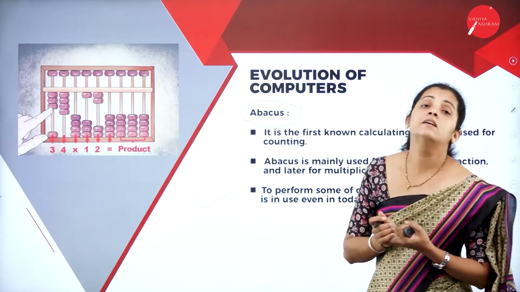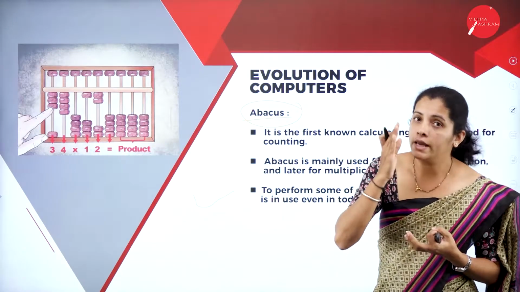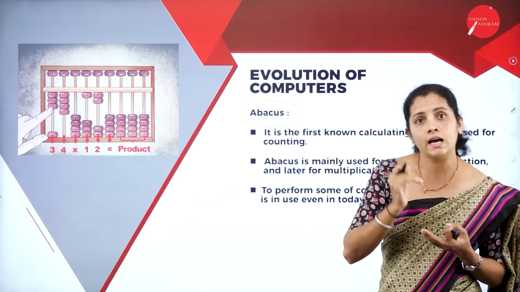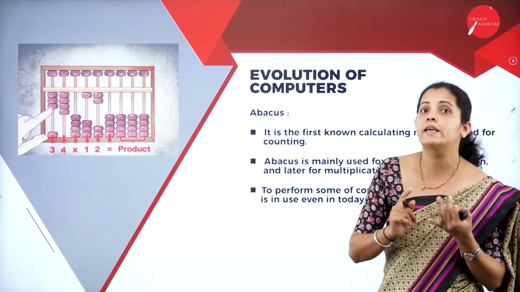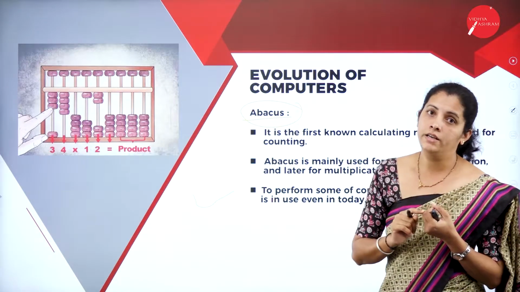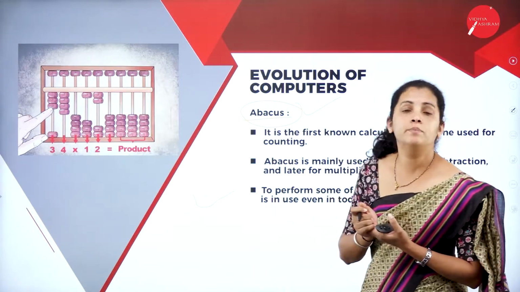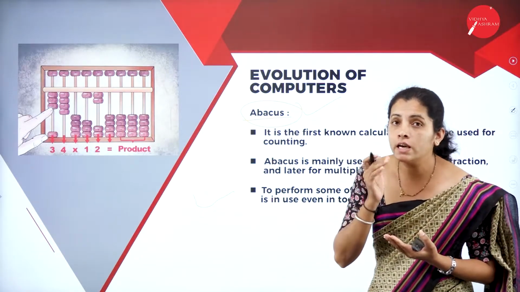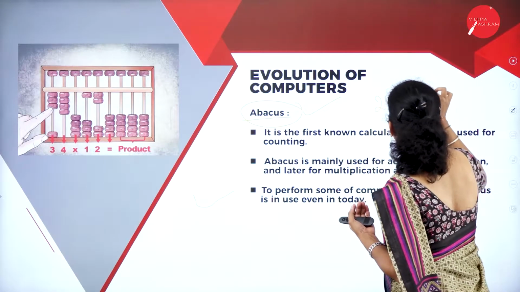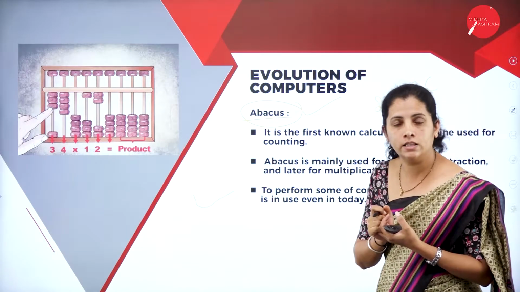It is mainly used to perform basic arithmetic calculations like addition, multiplication, subtraction and division. This abacus was first invented by the Babylonians in the year 2400 BC, and this is the first mechanical calculating device.